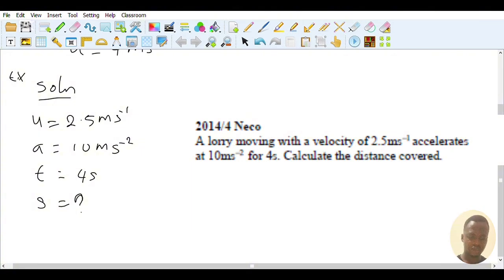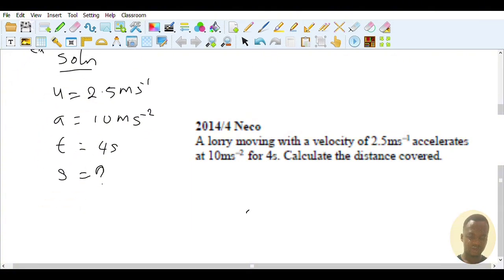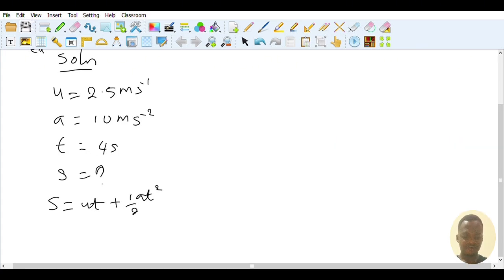So we don't have any clue about final velocity, so we don't know V. So we're looking for an equation that has S and there's no V in the equation. And that equation, the best equation there is s equals ut plus half at squared. Okay, this equation does not have a V in it because we don't have V in this question, and they are also asking us to calculate distance.